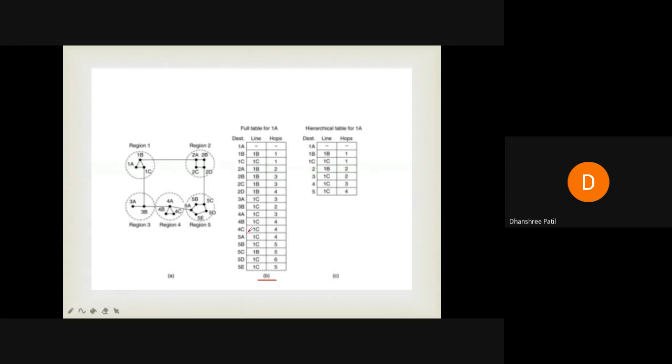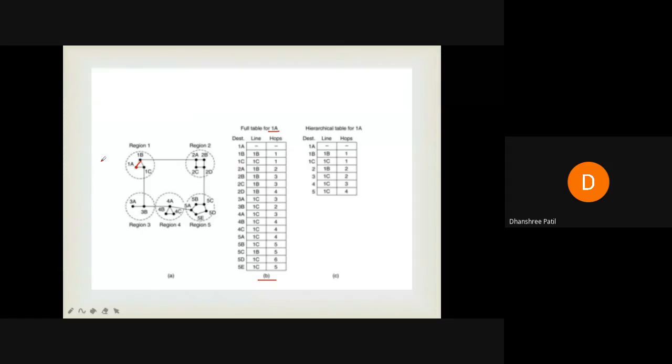In this figure, let's say this example is related to the 1A router. 1A is this one. Now what is given? 1A to 1A distance will be 0, means there is no line. 1A to 1B, it will reach 1B by using 1 hop.